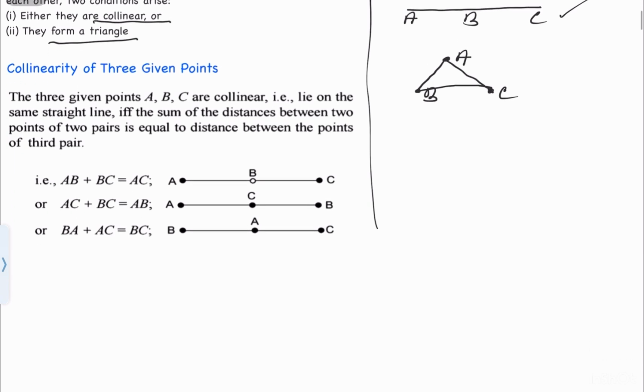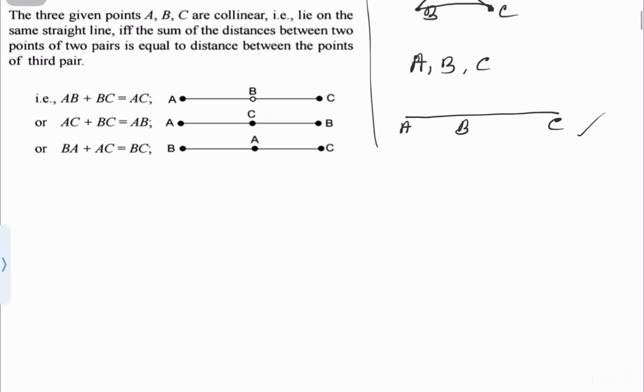Okay, how to check 3 points making a collinear? Assume I have 3 points A, B, C. If they are lying in a single line, then it should look like this. Try to understand.